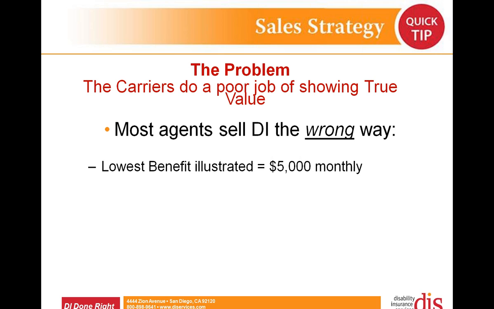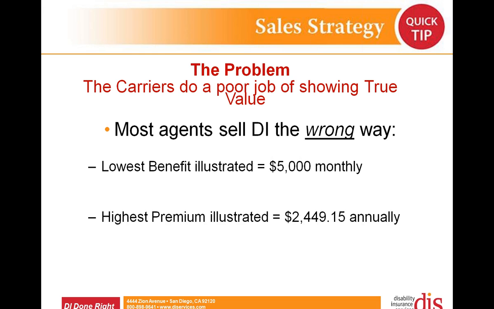So it's going to be in big, bold, black letters on the quoting page that, hey, you qualify for $5,000 a month. Then it's also going to boldly show the highest premium possible, which in this case for a 35-year-old white-collar guy is right around $2,500 annually. So now we're showing the lowest possible benefit against the highest possible cost.